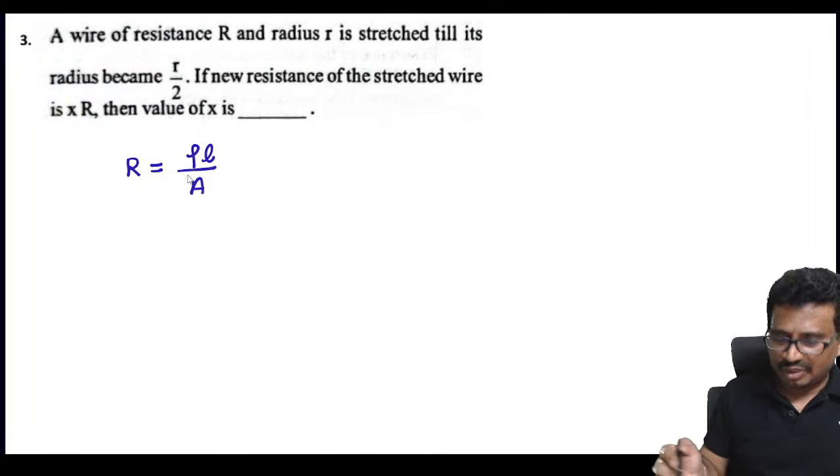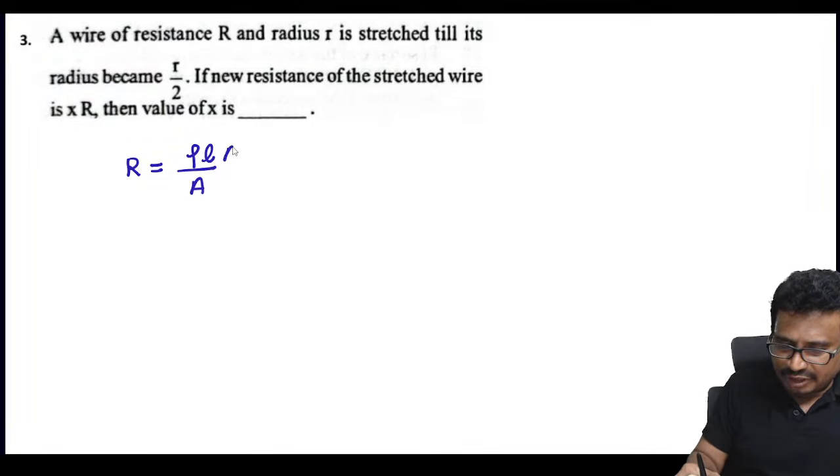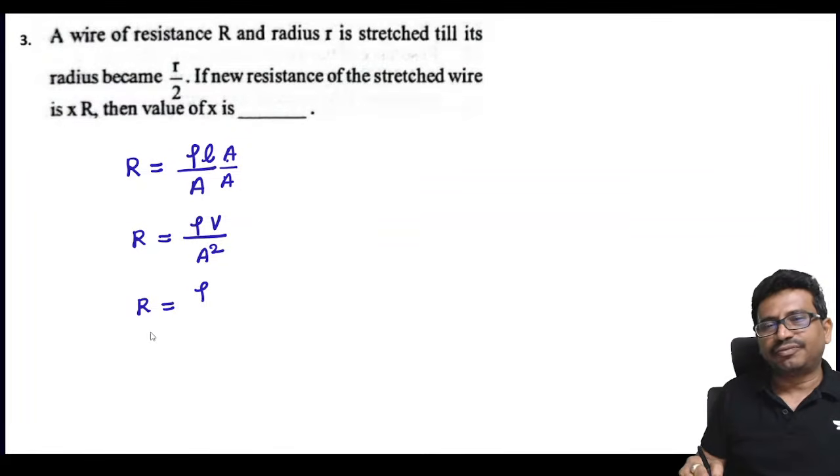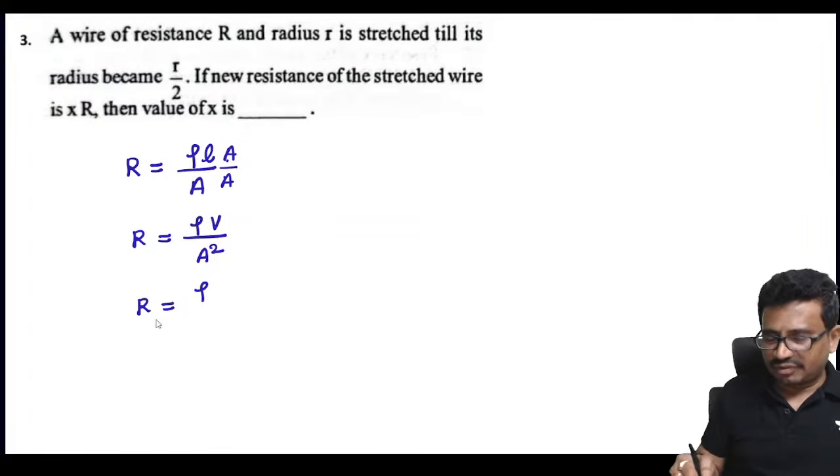Now what I am doing is multiplying and dividing with A. This resistance R becomes rho into area into length, which is the volume, by A square. So R equals rho into V by A square, where V is the volume.